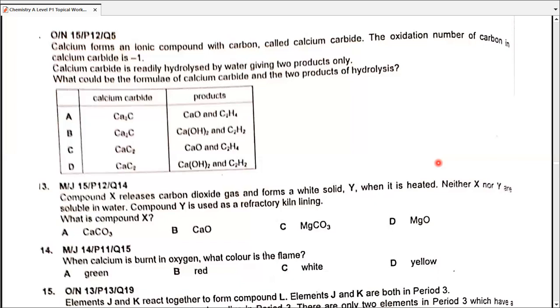CaC2. So it can either be C or D. Then it's readily hydrolyzed by water, giving two products only. CaC2 plus water gives us CaO plus H2, C2H4.